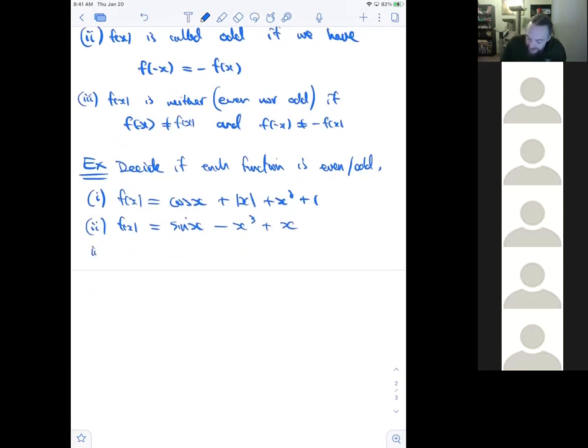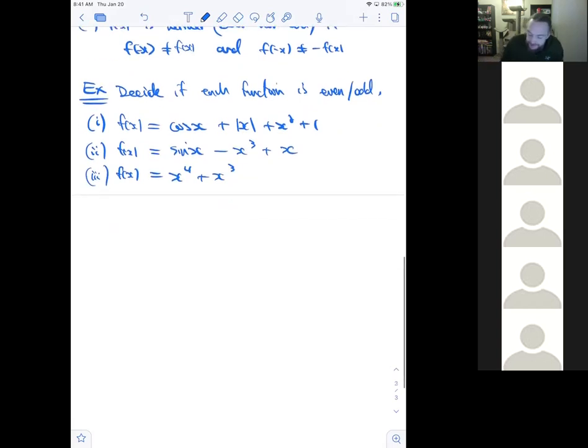Or if you want neither, f of x is equal to, let's say, x to the 4 plus x cubed. That's good enough. So even, odd, neither. Why? Solution. What you have to check every time, whether we're sketching, we will do curve sketching a little bit in here again, I think.